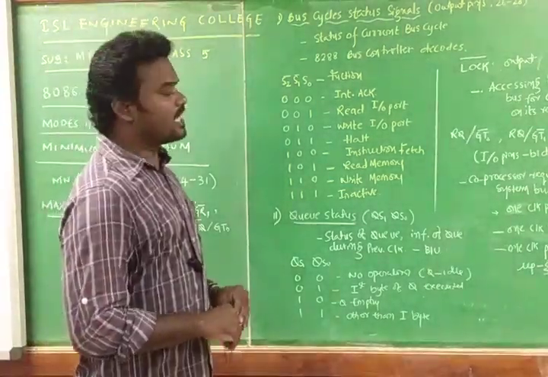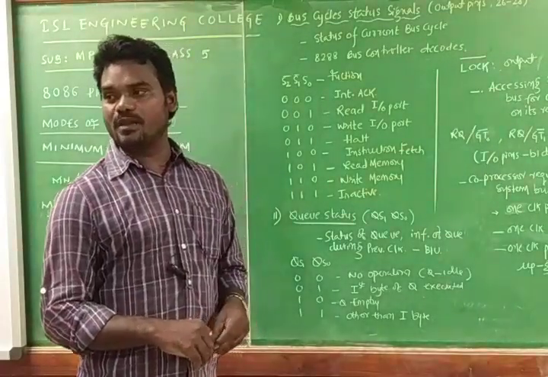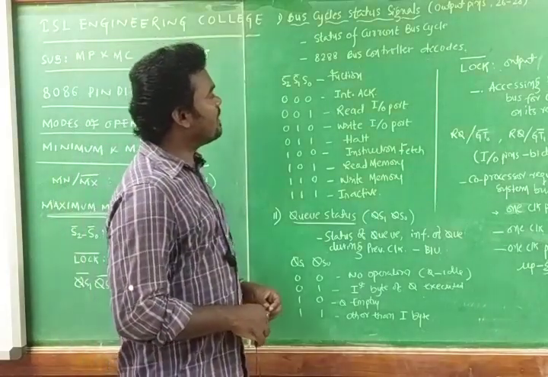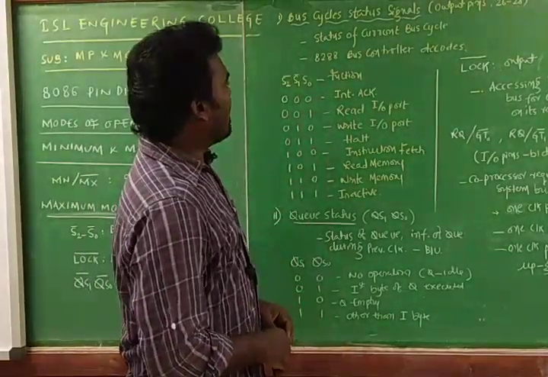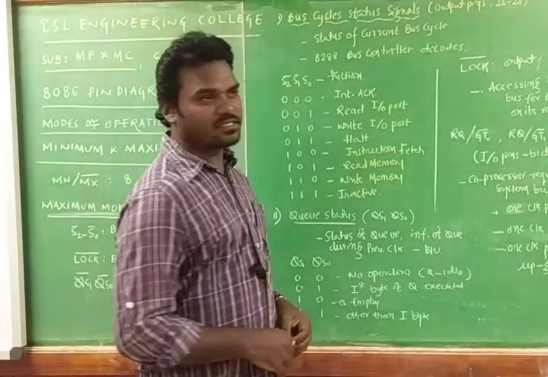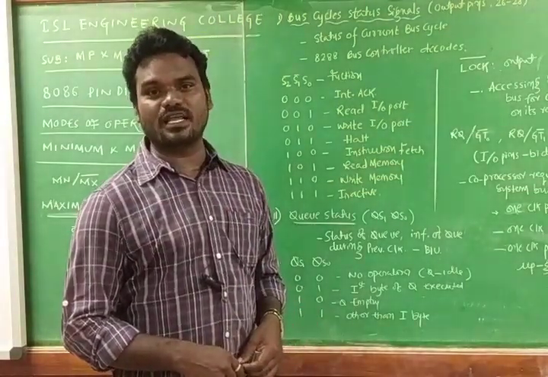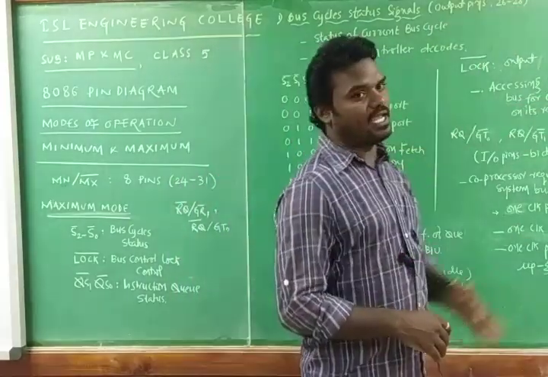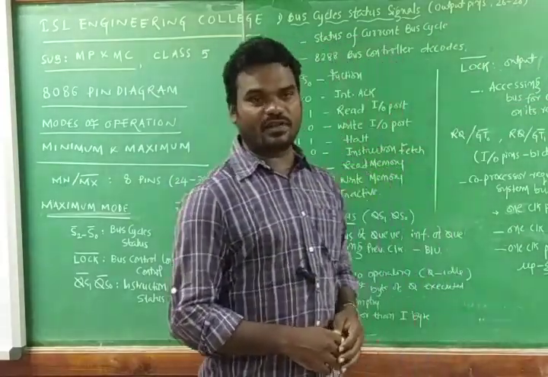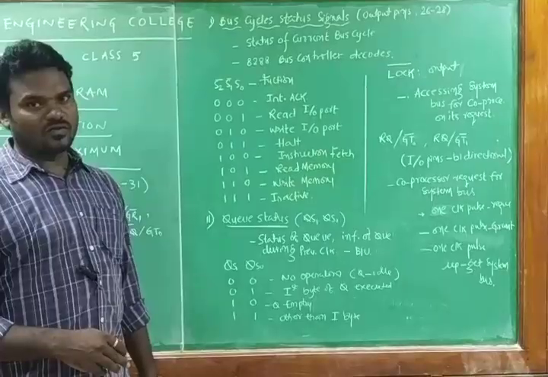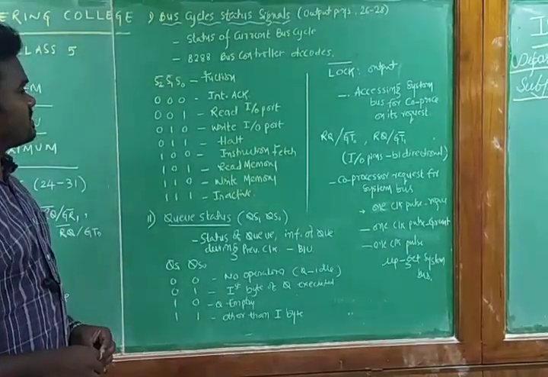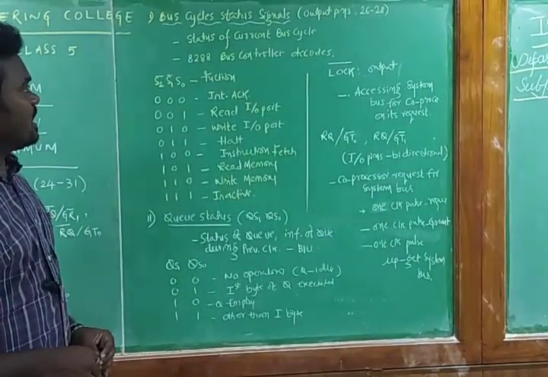The first type of signals in the maximum mode are the bus cycle status signals, which are the output pins 26, 27 and 28. These are the first type of signals in the maximum mode of operation, when the processor shares the system bus with another coprocessor.